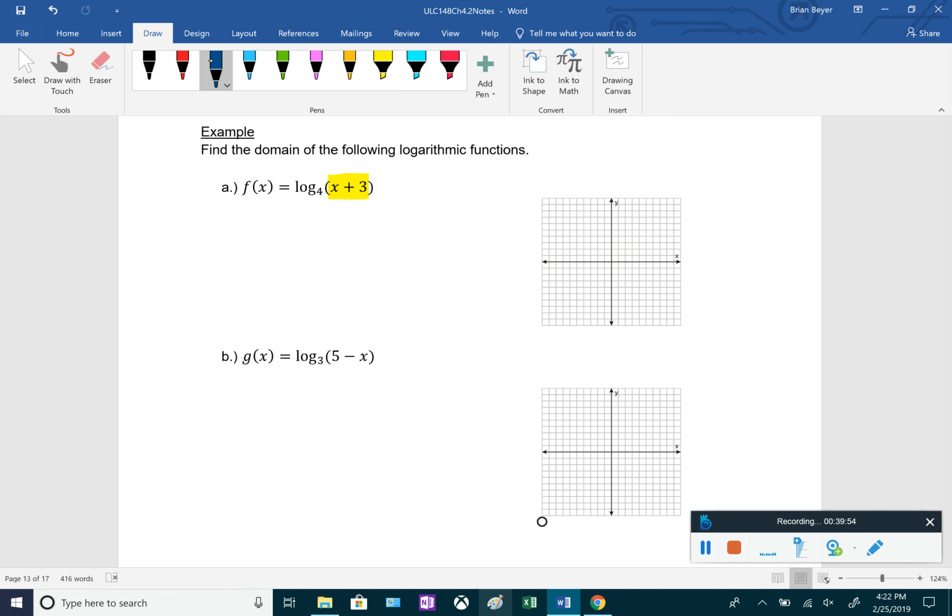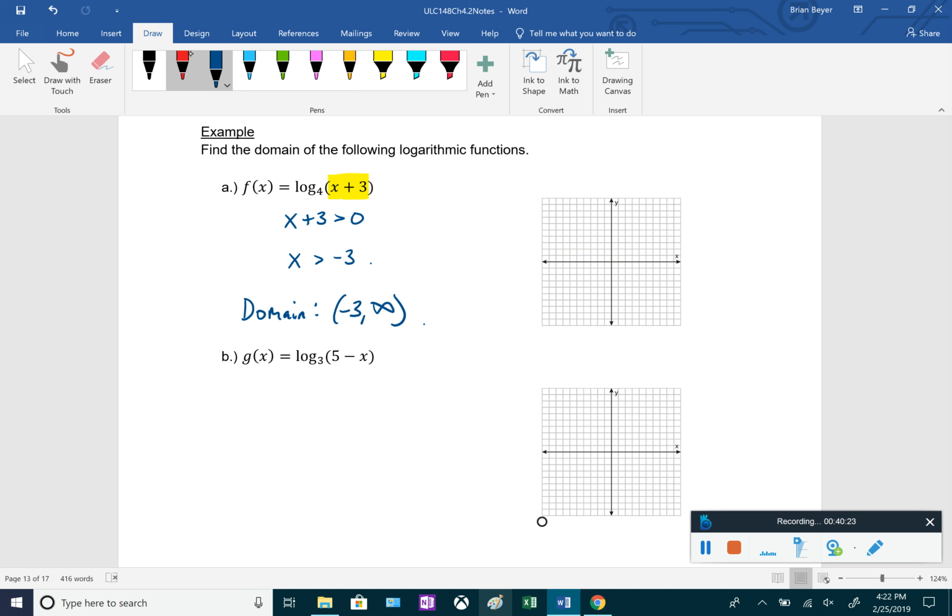So x plus 3 has to be greater than 0. It can't take on negative or 0. Then we isolate x. Subtract 3 on both sides, and we get x is greater than negative 3. That's actually all we had to do. So the domain, in interval notation, is negative 3 to infinity.